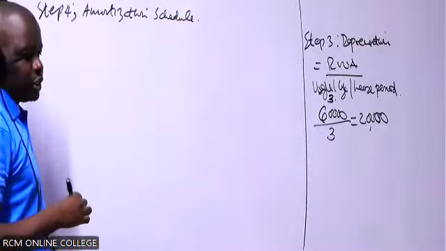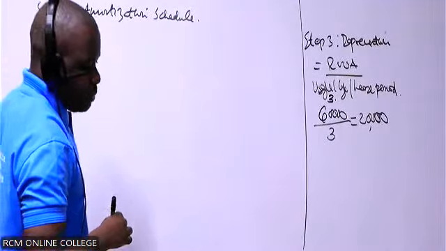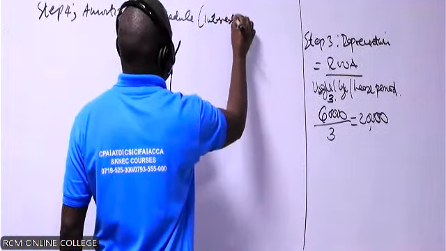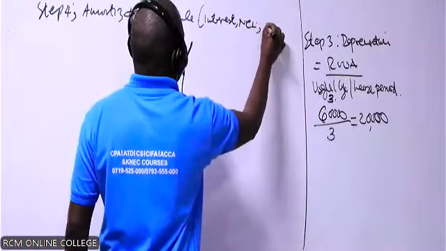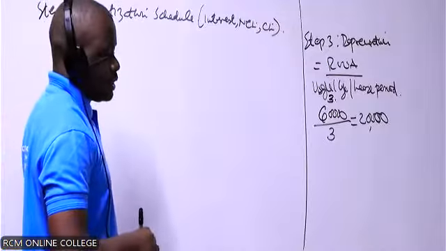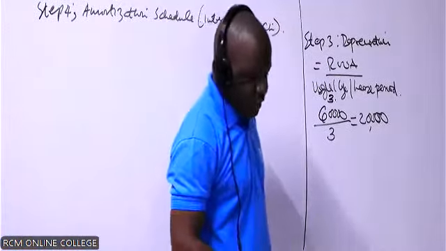From the amortization schedule, we say that you'll be able to get what? The interest, the non-current liability obligation, and the current liability obligation.